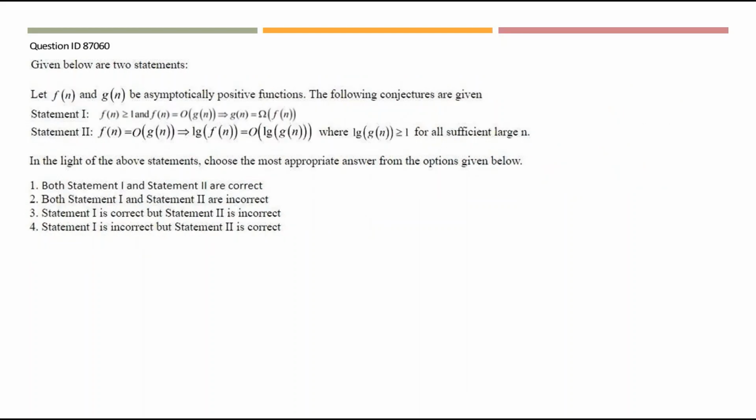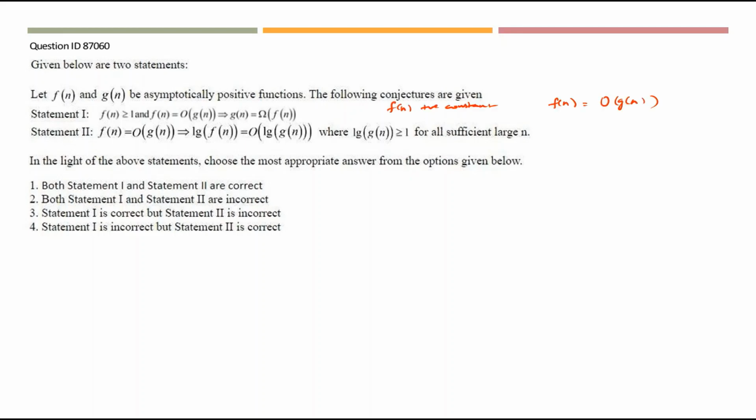Next question. Given below are two statements. Let f of n and g of n be asymptotically positive functions. The following conjectures, in the sense guesses, something of that sort, are given. Statement 1 says f of n is greater than 1, which means f of n is a positive constant.